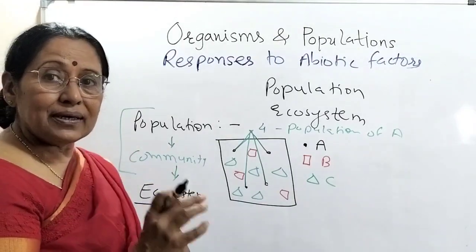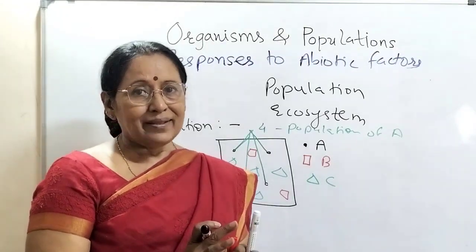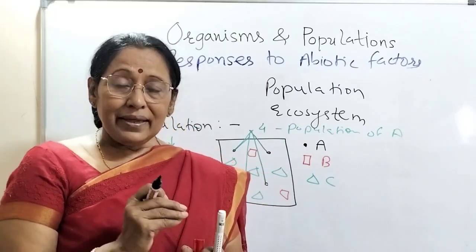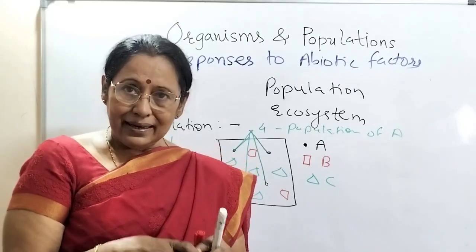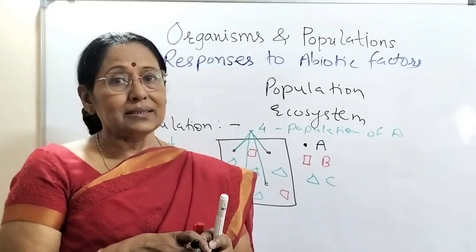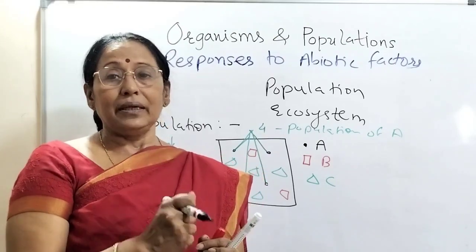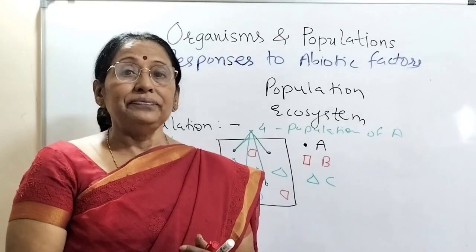So this is the first sustainable unit, that's it. क्या है पॉपुलेशन, क्या है कम्युनिटी, क्या है इकोसिस्टम, ये एक बेसिक होमवर्क पहले कर लीजिए ये चैप्टर स्टार्ट करने से पहले। उस फाउंडेशन के ऊपर अपने नॉलेज को बेस कीजिए, you will be more confident.